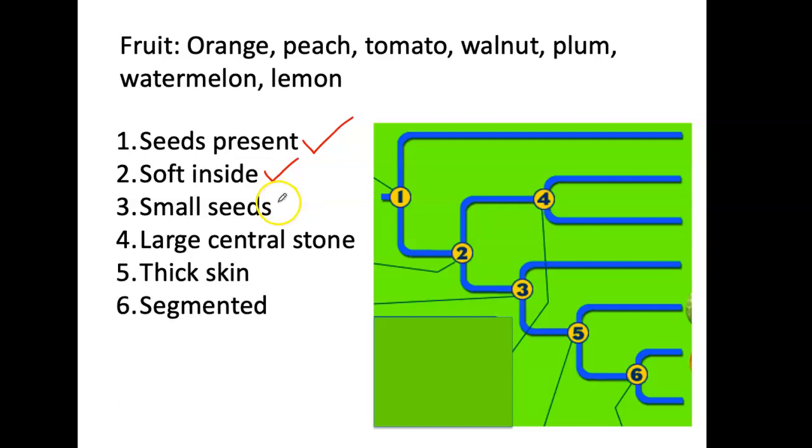What about checking seed size? Some of them will have small seeds. Some of them won't. Some of them will have a big stone like a peach. And then some will have a really thick skin like an orange maybe, and not like a plum. Right? So that's going to tell some of these fruits apart.